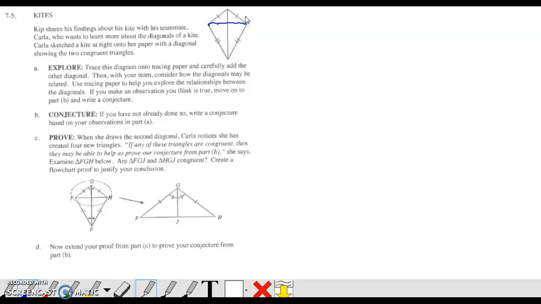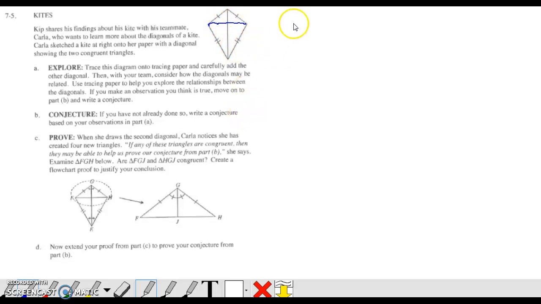Okay, so something that I might say is that if it is a kite, notice that your diagonals intersect each other. So maybe one diagonal bisects the other. This one kind of looks like it should be the same, but this one does not, right?